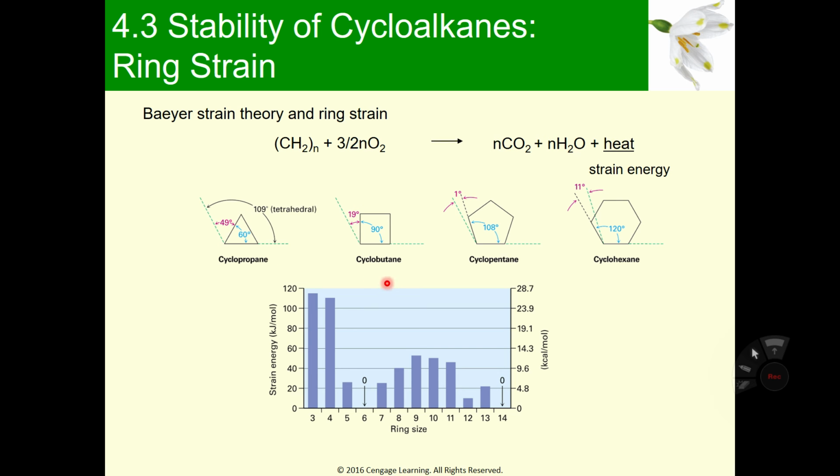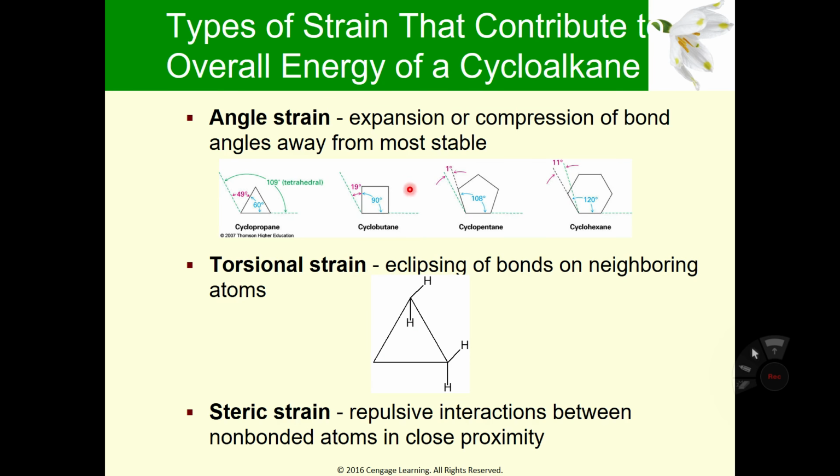We'll apply the concept of these three different kinds of strain energy to the cyclic compounds. First, angle strain is the expansion or compression of bond angles away from the most stable.